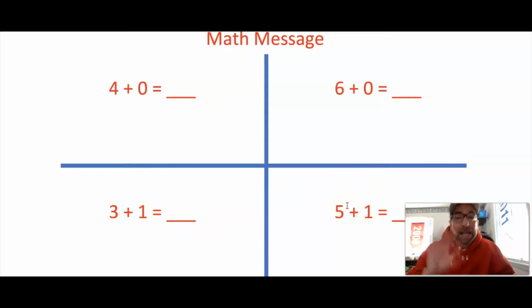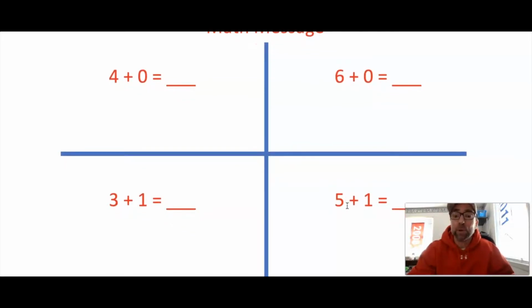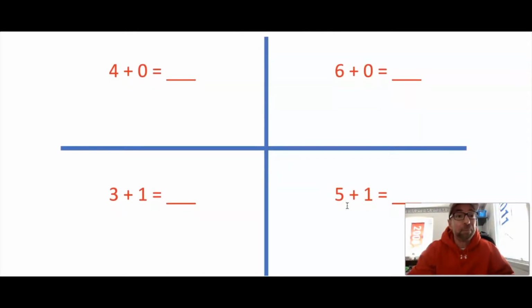I want you, as a warm-up, to solve these 4 problems. See if you can come up with the answer to each one. You only have to write down the answer. So go ahead and solve these 4 problems on your whiteboard. If you have to hit that pause button on your iPad, go ahead and do that. And then press play to see if you are correct.